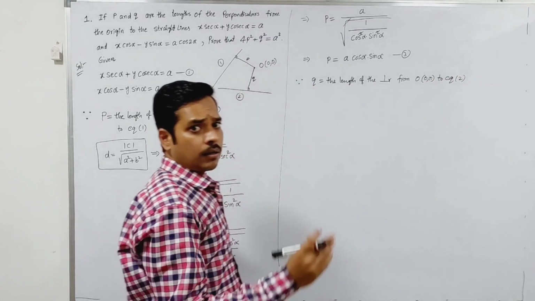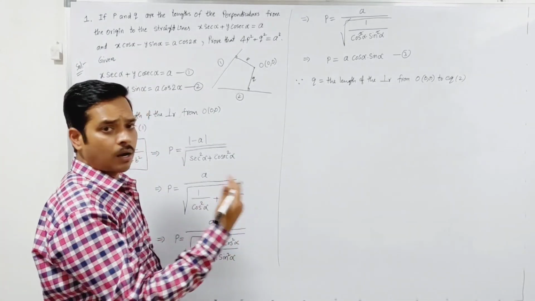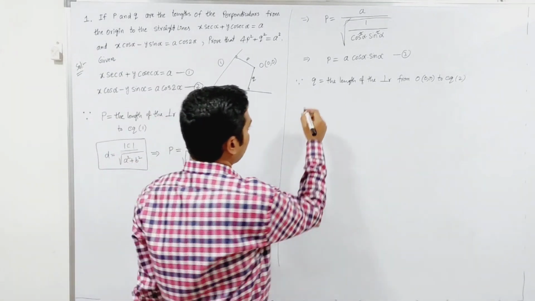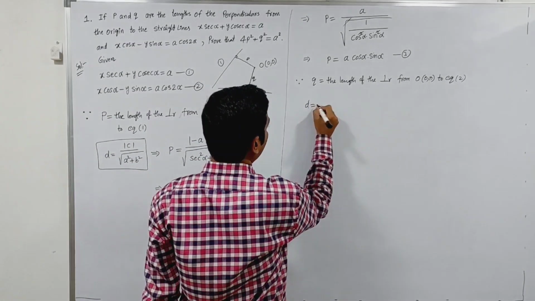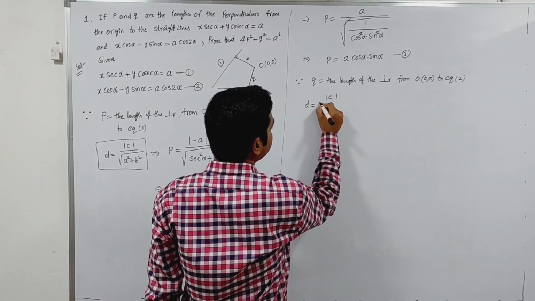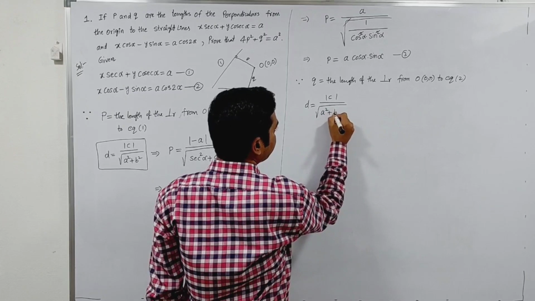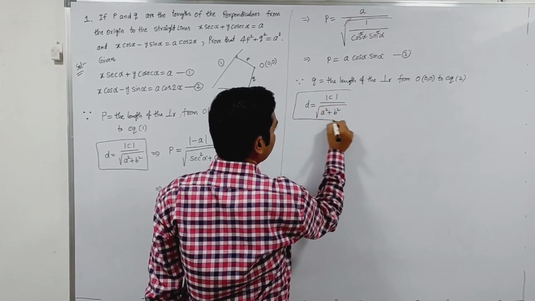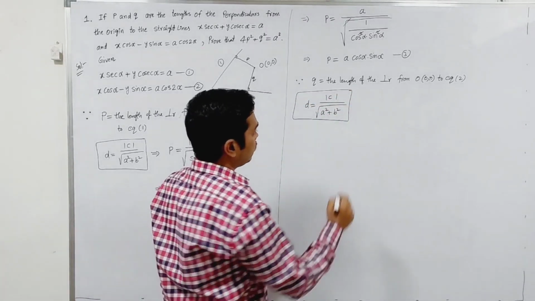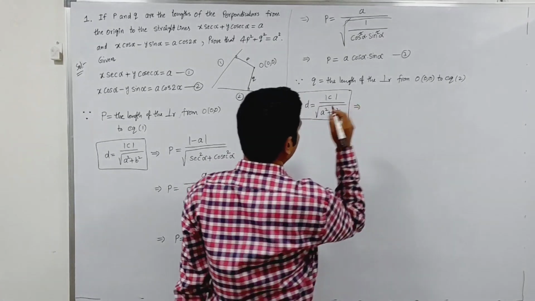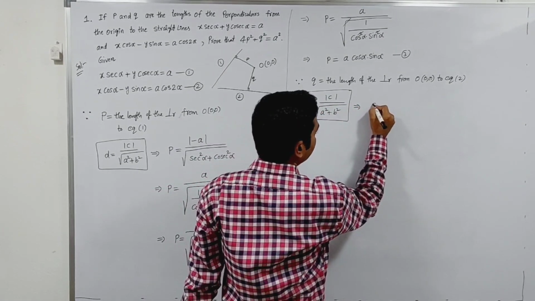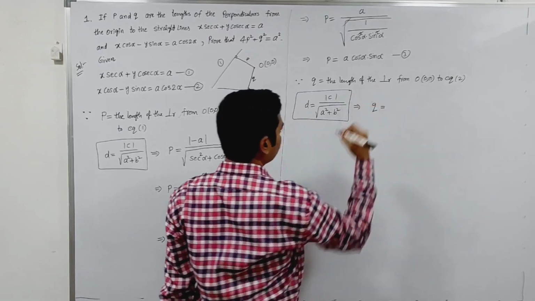Q is the perpendicular distance from the origin to the second equation. Apply the same formula. What is the formula? The distance formula mod C by under root of a square plus b square. By using this formula, we get the Q value. In the place of the distance, replace Q.